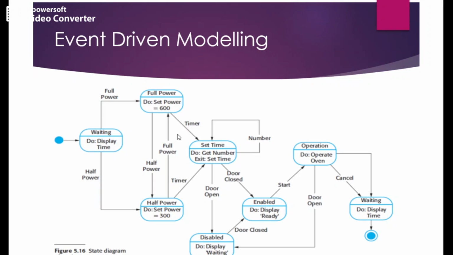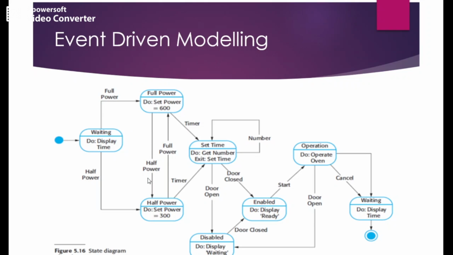Can you see, again in these two states the transition occurs, from full power to half power, again from half power to full power. What does it mean? Suppose you have selected full power initially and in the middle you want to move to half power, that is also possible.